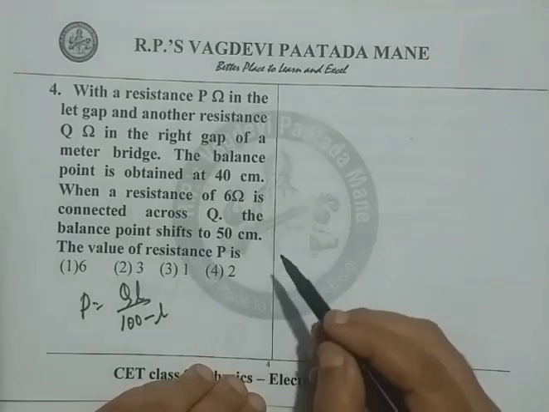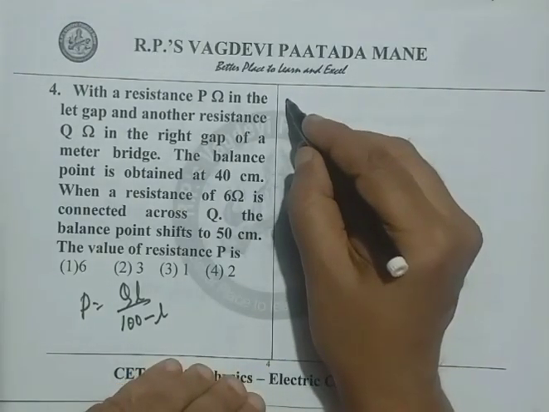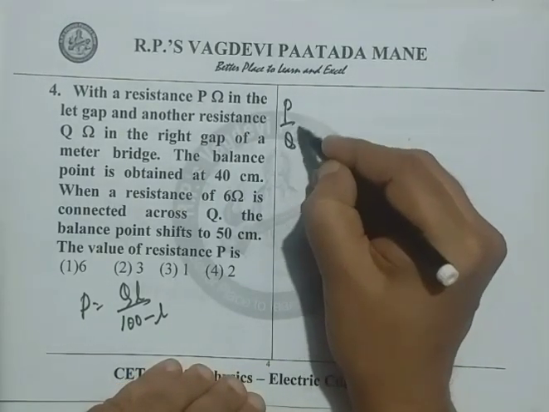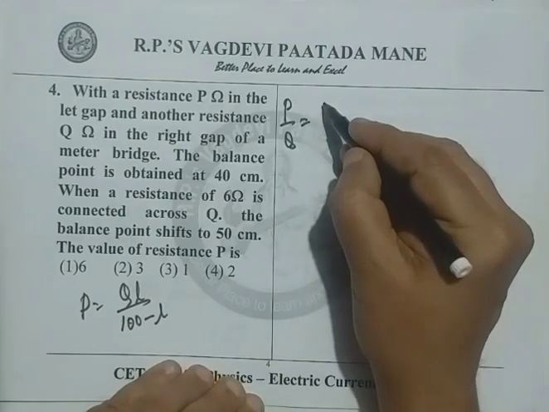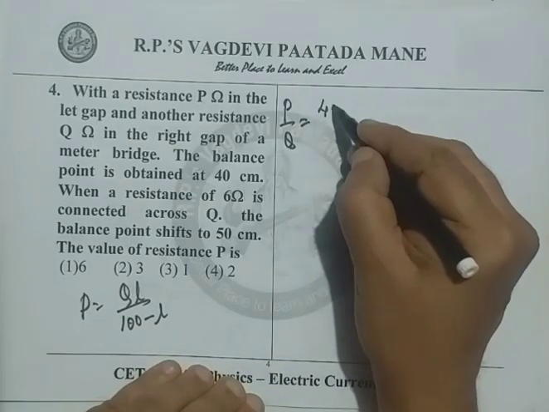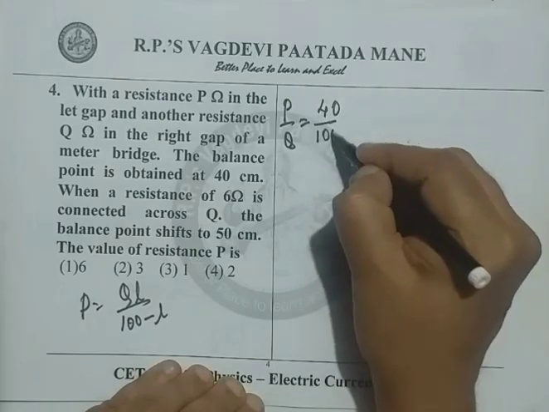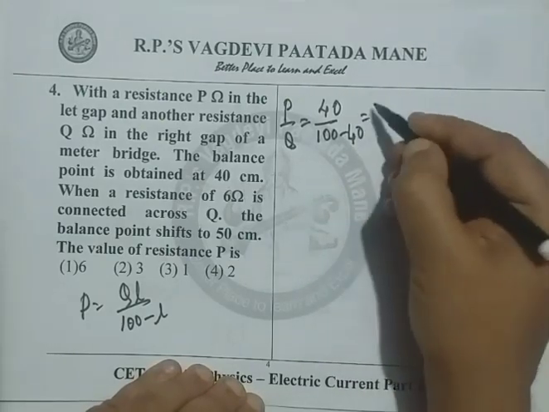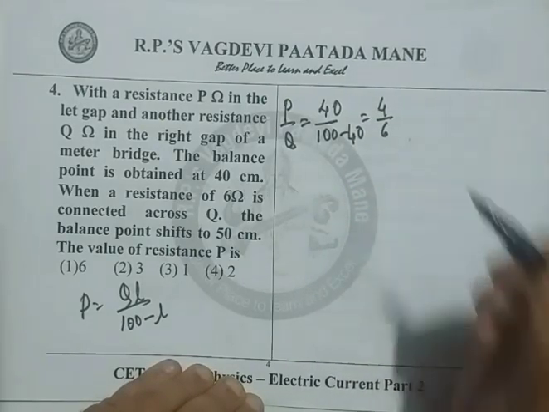Now, as the first thing, I can write P by Q as L1, 40 by 100 minus 40, which amounts to be 4 by 6.